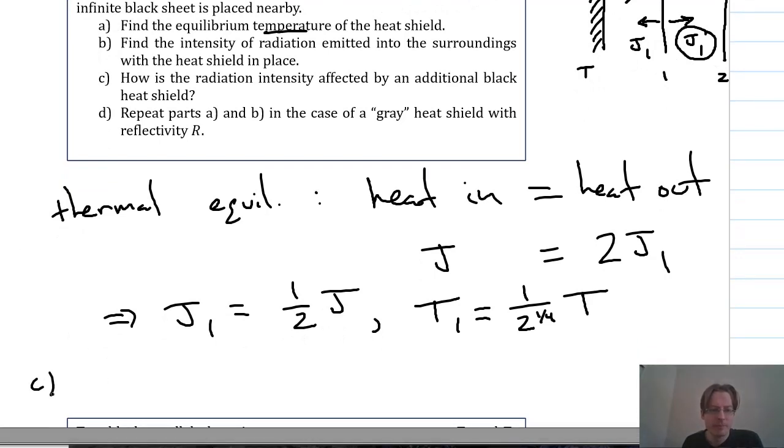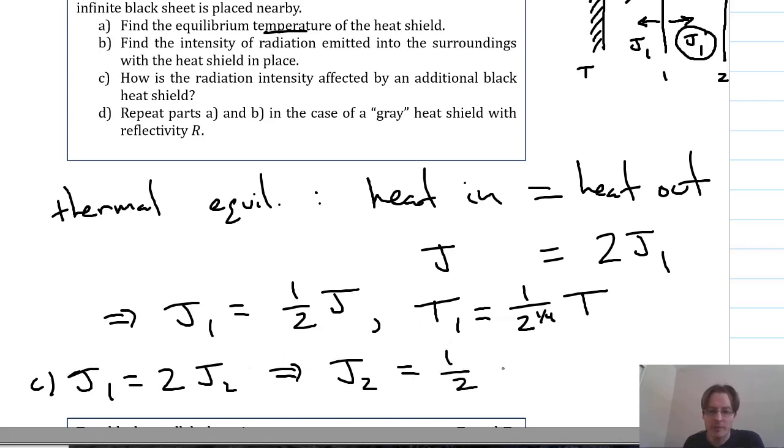So this is part C. I must have that J1 is equal to 2J2, that's shield number 2. In other words, J2 is equal to 1/2 of J1.